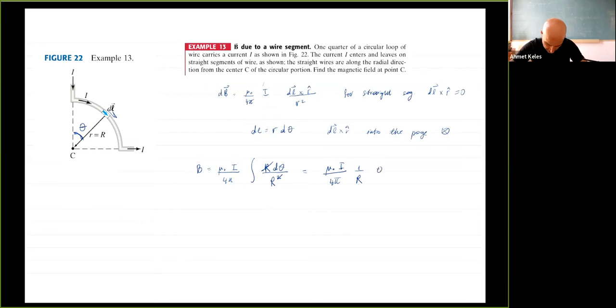The integral is over theta. My theta goes from 0 to pi over 2. So this thing is pi over 2. So B in this case is going to be, pi's cancel, 1/8 mu0 I over R. I think something like that. And the direction is into the page.